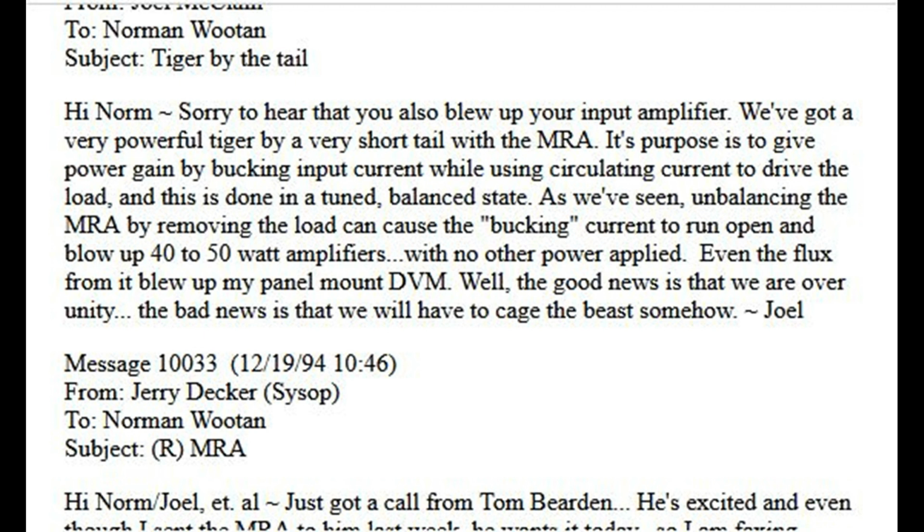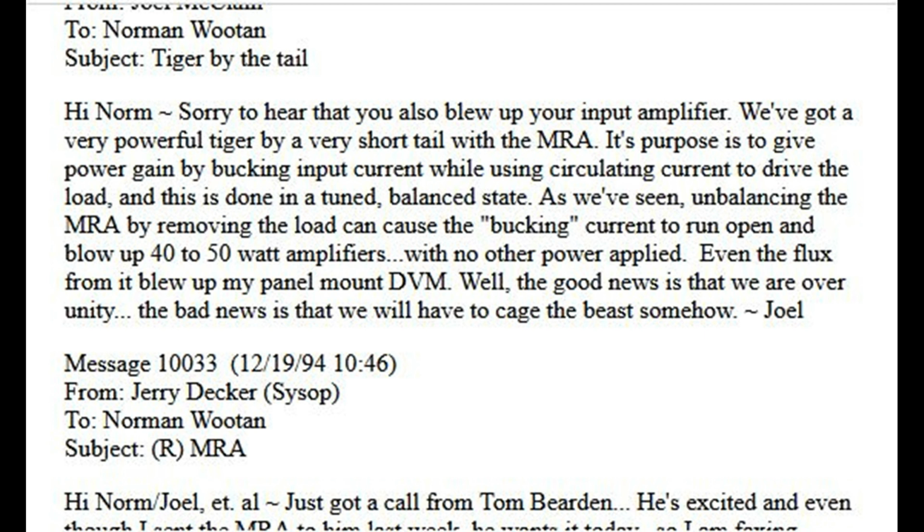Its purpose is to give power gain by bucking input current while using circulating current to drive the load, and this is done in a tuned, balanced state. As we've seen, unbalancing the MRA by removing the load can cause the bucking current to run open and blow up 40 to 50 watt amplifiers with no other power applied. Even the flux from it blew up my panel mount DVM. Well, the good news is that we are over unity, the bad news is that we will have to cage the beast somehow. Joel.